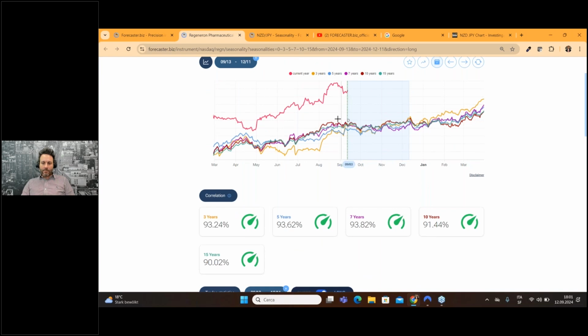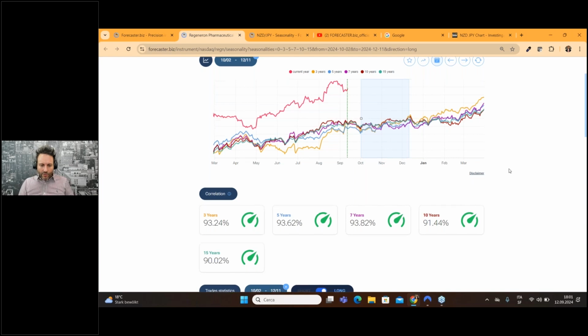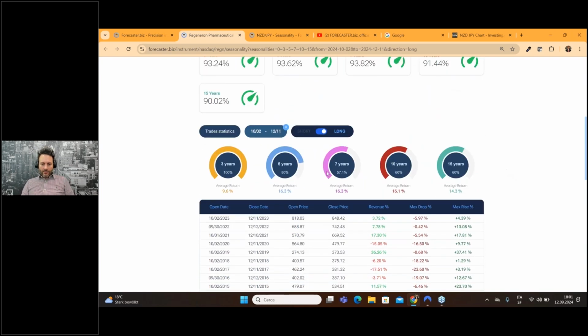Let's see what happened here if we start, for example, this trade starting from here, the very beginning of October. And the winning percentage doesn't change. We have a little bit of improvement here in the average return.